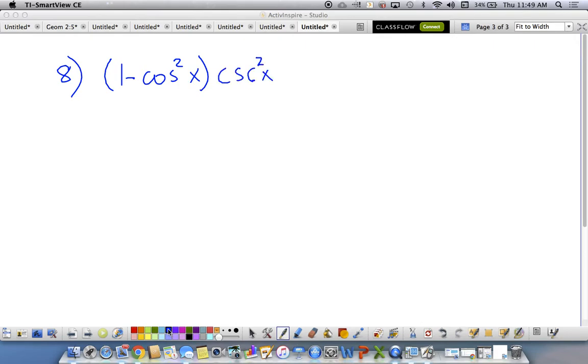This is a verify. I-F-Y. There we go. Verify. What does it mean to verify? To make both the same. To make them equal to each other.